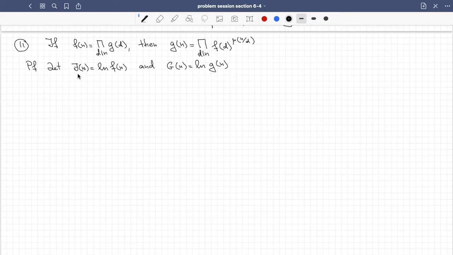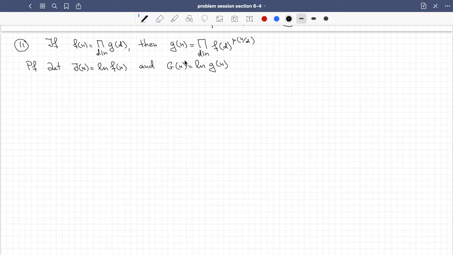Of course, the values of capital F and capital G are far from being integers. These are logarithms of integers, probably transcendental numbers. We don't care, they are still arithmetic functions.